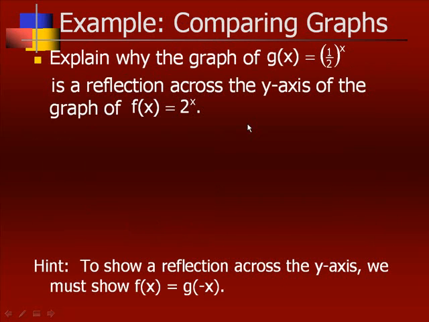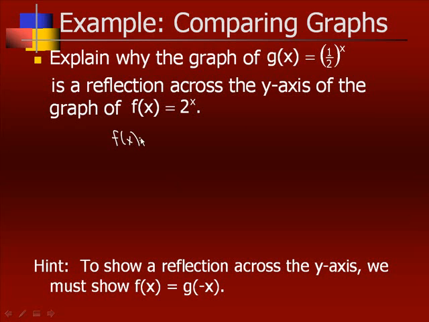Now, explain why the graph of g of x equals 1/2 to the x power is a reflection across the y-axis of the graph f of x equals 2 to the x. As a hint, remember to show a reflection across the y-axis, we must show that f of x is equal to g of -x.